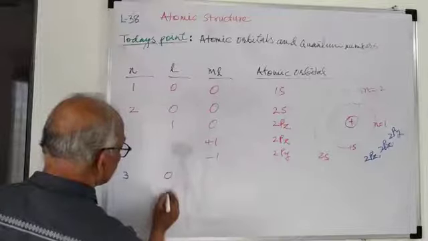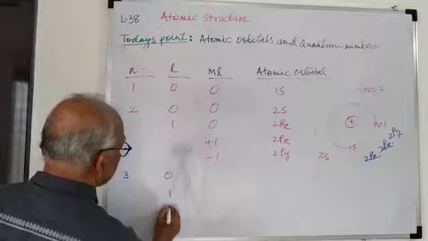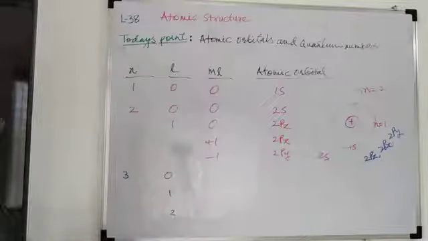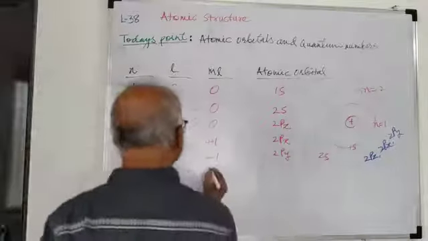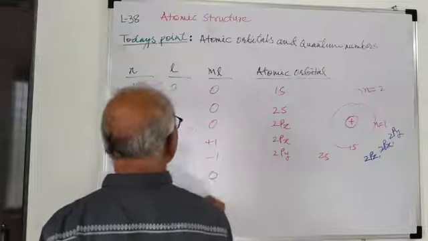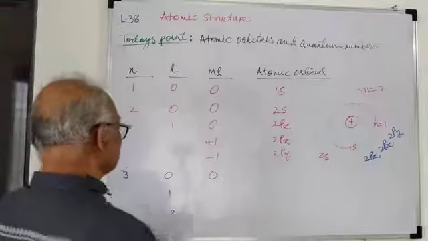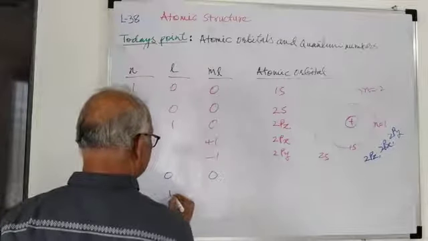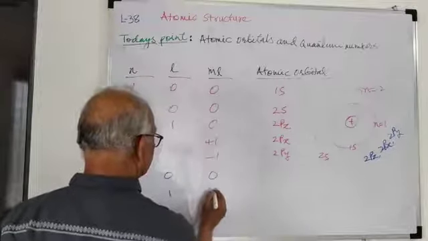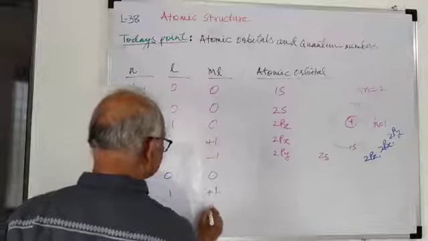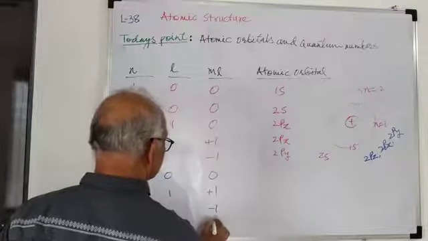So the first is 0, then 1 and then 2. So it will have only these three values. For l equal to 0, ml is also 0, because it will have values from 0 to 0. Then for l equal to 1 we have 0, plus 1 and minus 1.